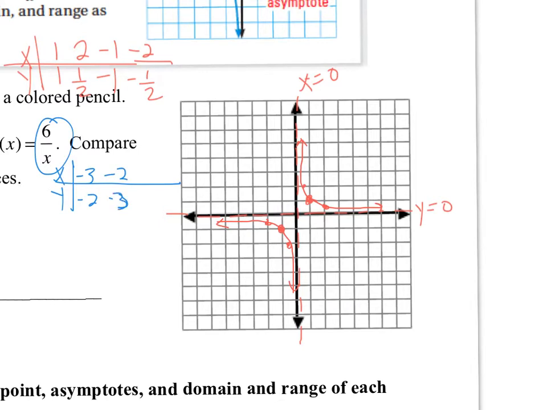If I choose negative 1, I'll have negative 6. 1 would be 6. 2 would be 3. Running out of room there. And then 3 would be 2. So I'm just going to go ahead and plot what I have there. So negative 3, negative 2, negative 2, negative 3.